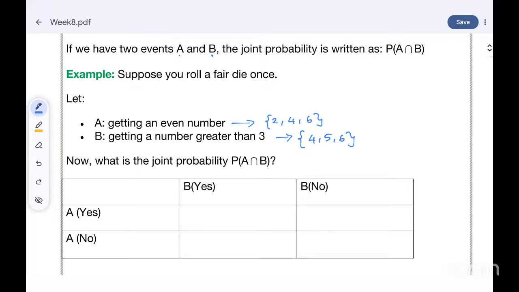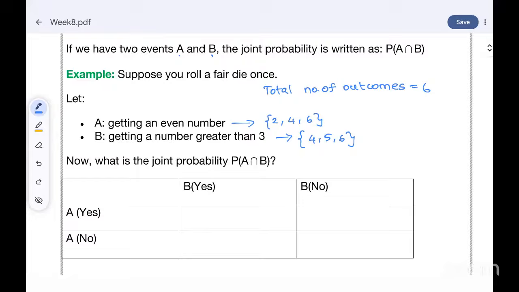What is the total number of outcomes? 6, right?